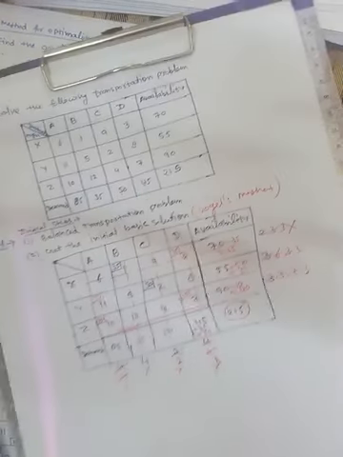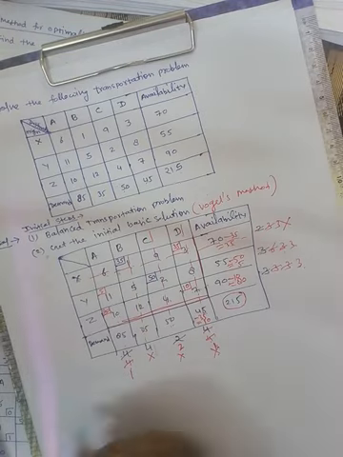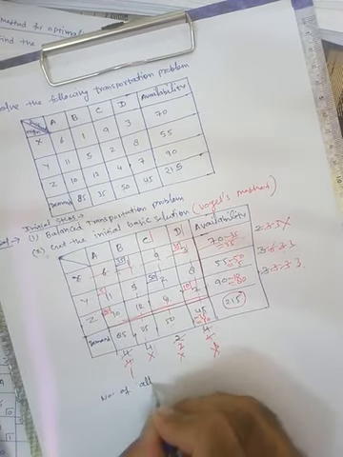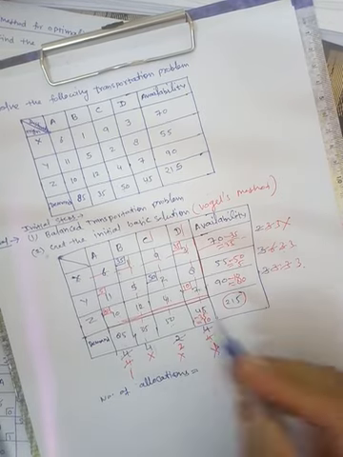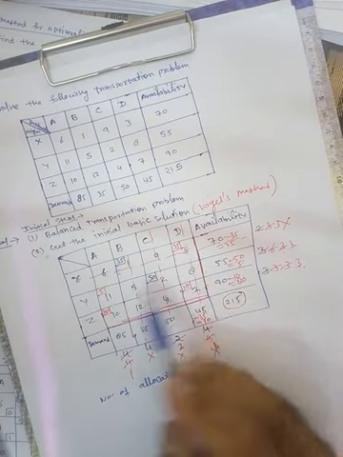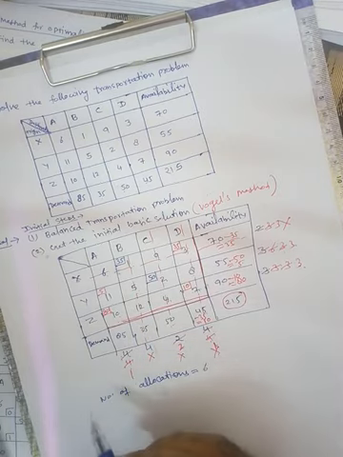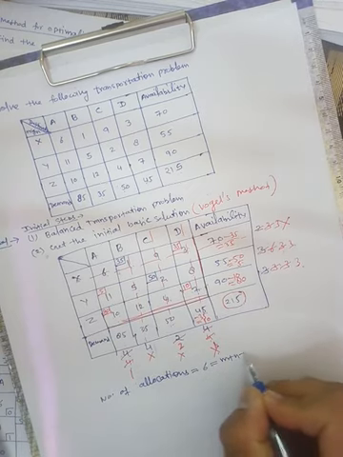Fine. Now how many allocations? Number of allocations is equal to 1, 2, 3, 4, 5, 6. 6, which is exactly equal to m plus n minus 1.